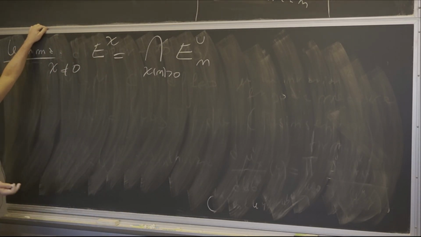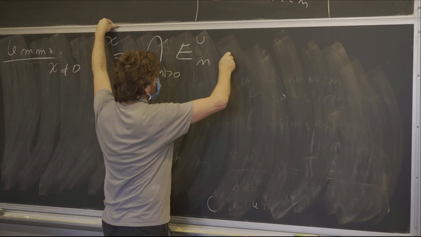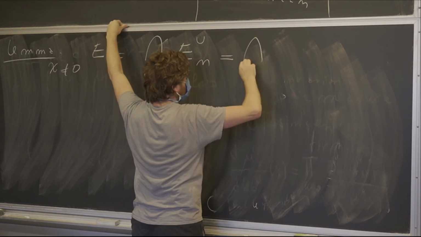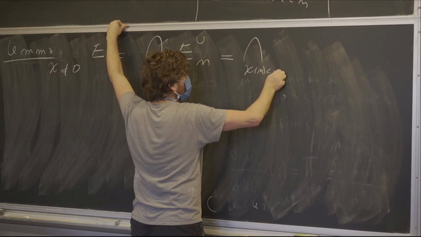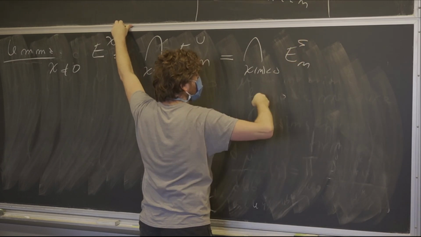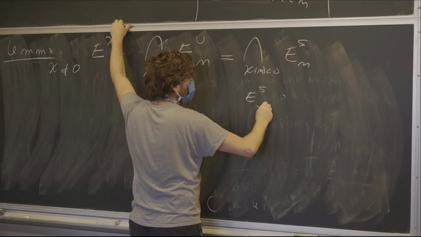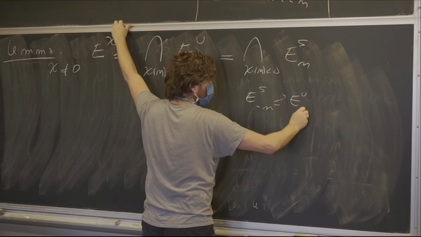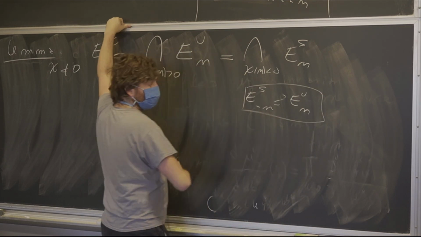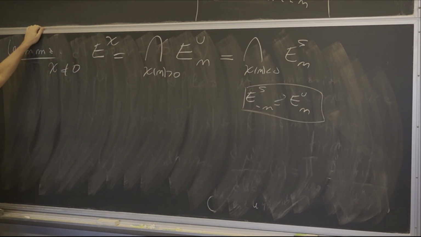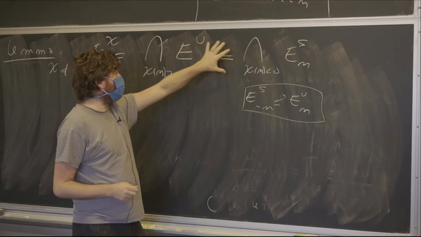Okay, and this is trivially the same as the intersection over chi of n negative of E^S_n, and that's simply because E^S of minus n is E^U of n. So that gives you equality between these two quantities.